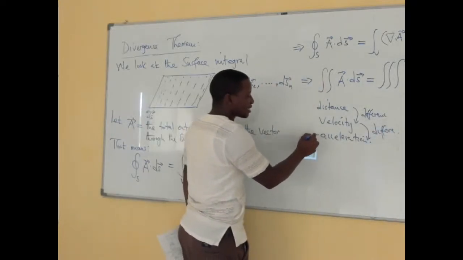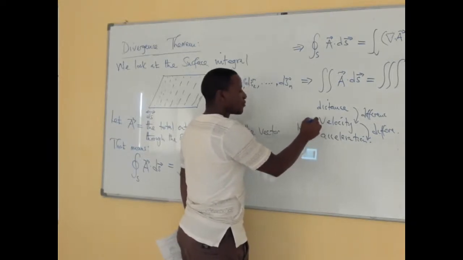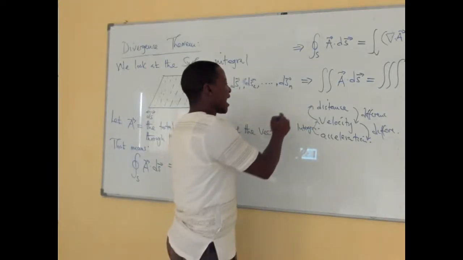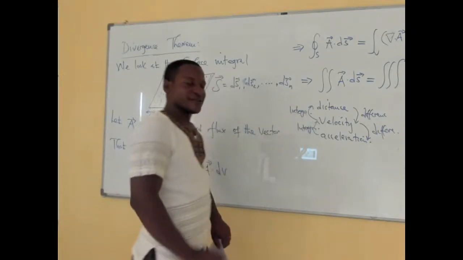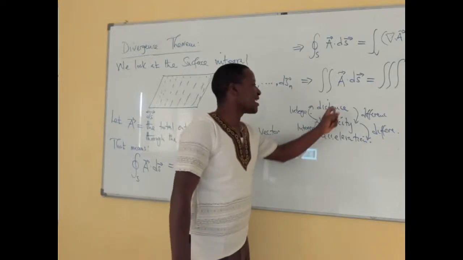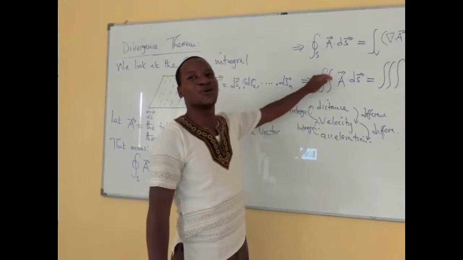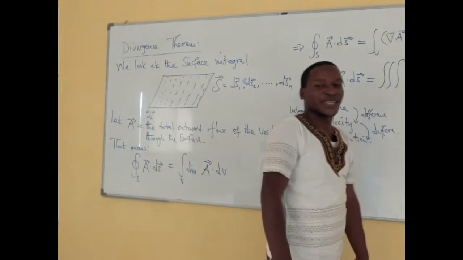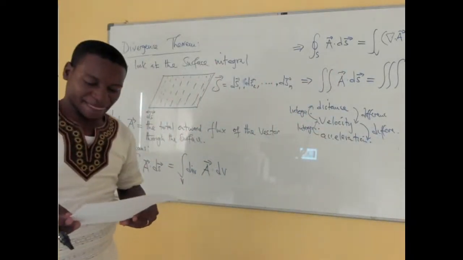To move from acceleration to velocity, you have to integrate, and to move from velocity to distance, which is like the displacement, again you integrate. That means to move directly from acceleration to distance, you need this double integral. That is what takes you to the triple integral of the volume, as simple as that.